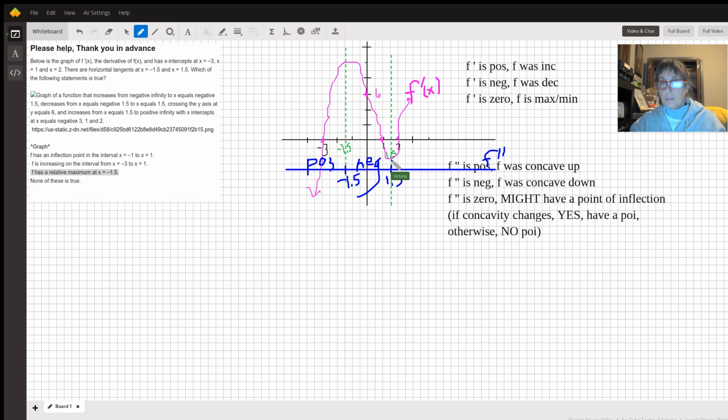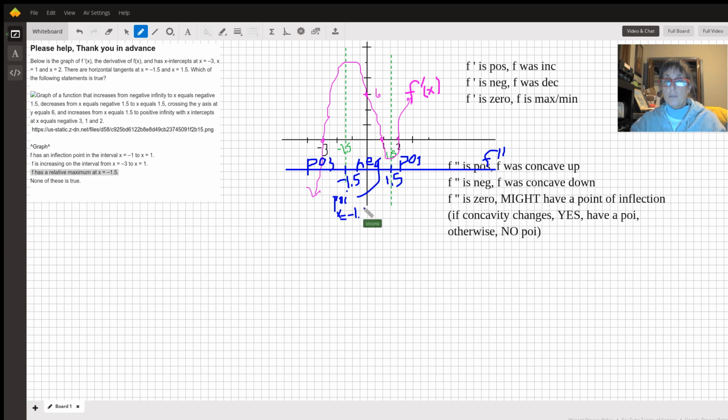And here, because the function we're taking the derivative of is increasing, its derivative will be positive. Okay. So this means we have a point of inflection at x equals negative 1.5 because the concavity changes.